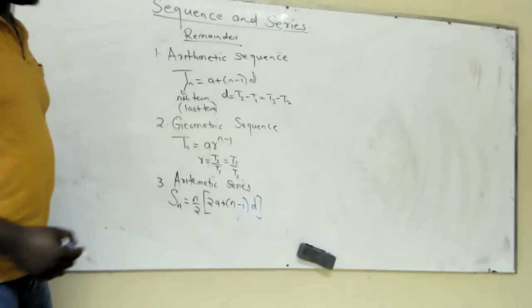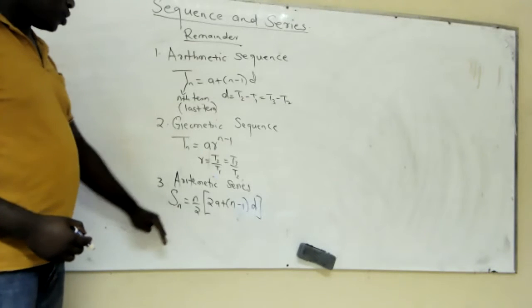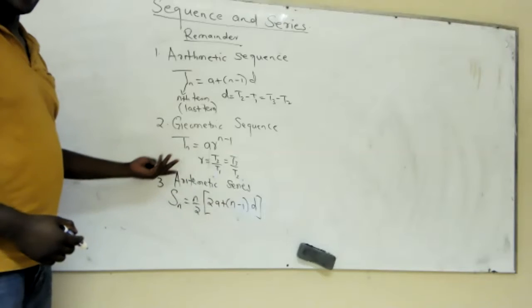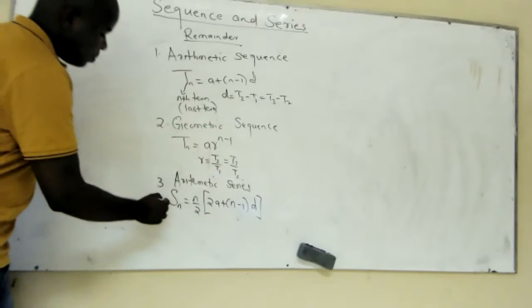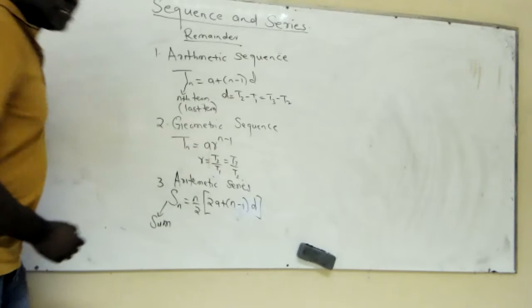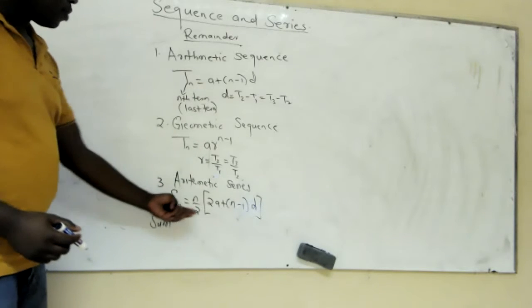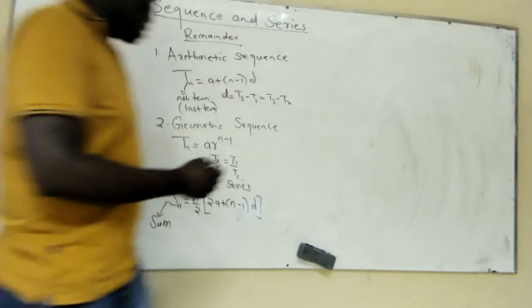I've even given you the derivation for this formula because it's important for you to know the derivation. It might come in your exam. So you must remember that derivation, where Sn stands for the summation or the sum of the sequence, or the series. So this is the formula for arithmetic series.